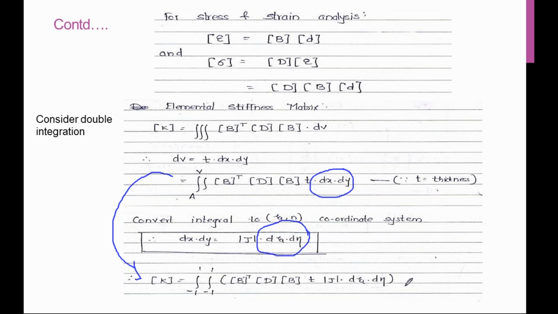You just have to remember these things because the derivation is not asked. If you want to know where this equation comes from, you can refer to the reference book, Finite Element Analysis by Chandrupatla. Chandrupatla is the author name.